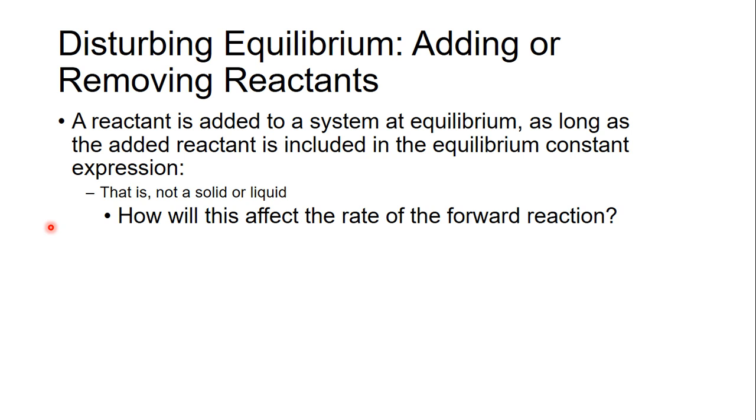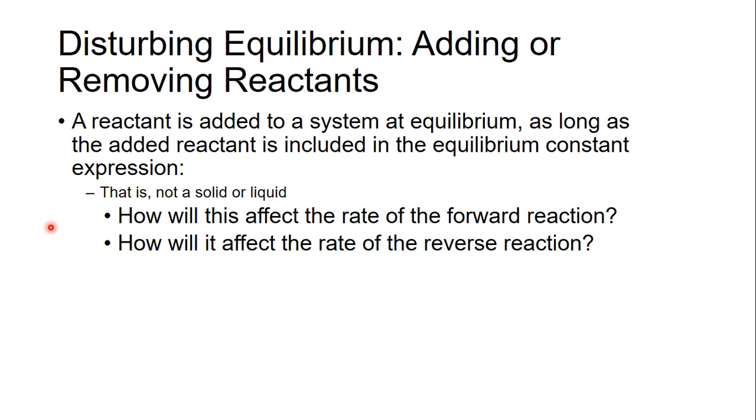If we add reactant, we have to take that reactant and make more product to restore our KEQ, so the forward reaction will speed up. Therefore, the reverse reaction, going from products to reactants, will slow down as we have an excess of reactants. K will not change. The only thing that changes K is temperature.